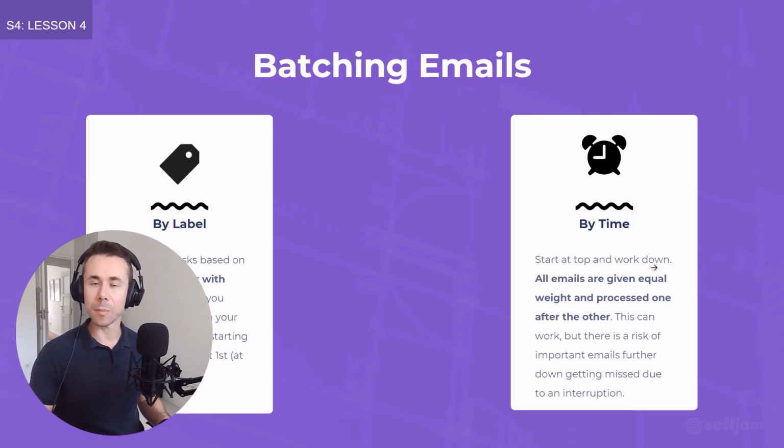And what can happen is that if you give yourself a limited amount of time to deal with emails, those that are less important might be attended to before those that are a priority and are important.